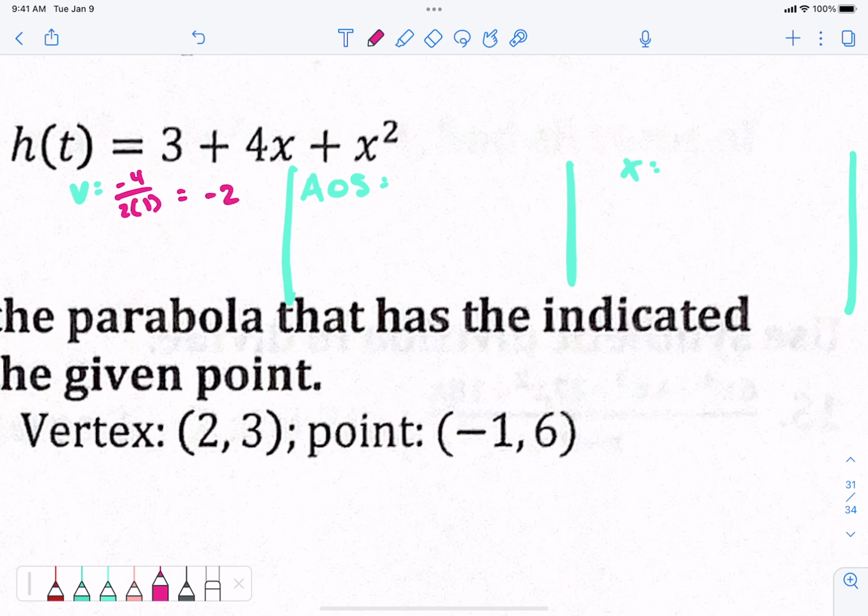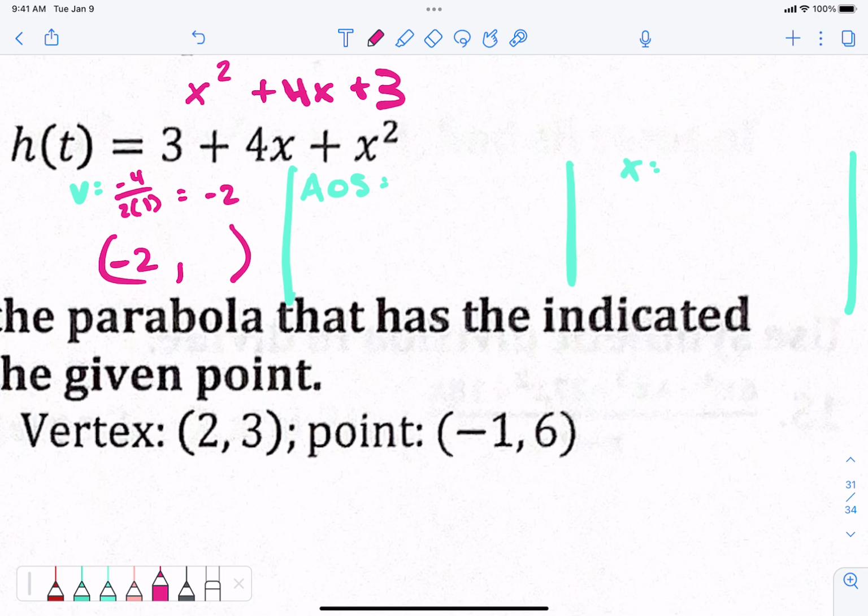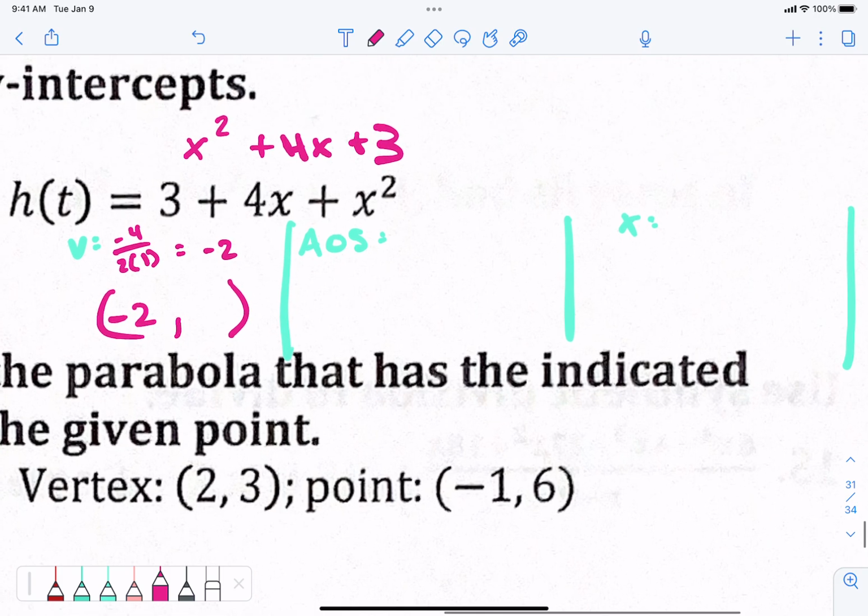So this is negative 2 comma something. Negative 2 squared is 4, negative 2 times 4 is negative 8... Oh, never mind. It's 4 minus 8 plus 3.